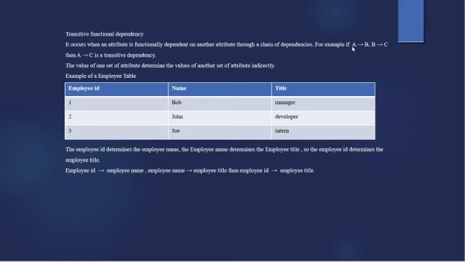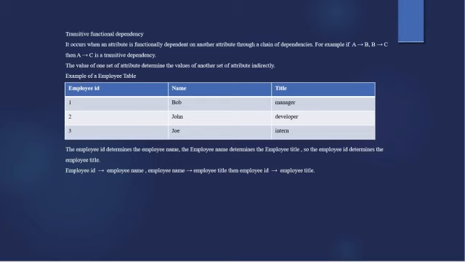For example, if A determines B, and B determines C, then A automatically determines C, which is a transitive dependence. The value of one set of attributes determines the value of another set of attributes indirectly.